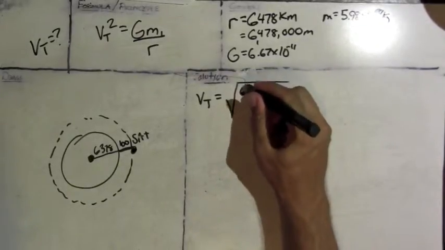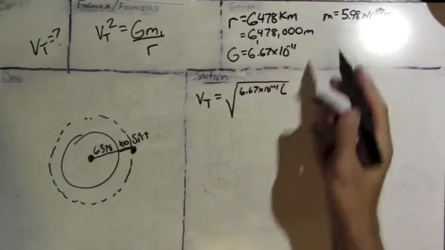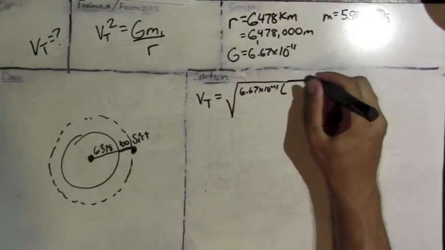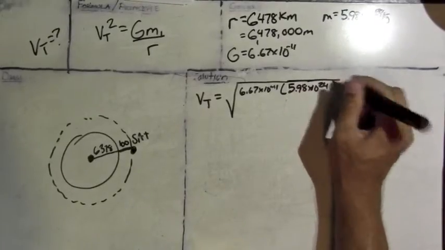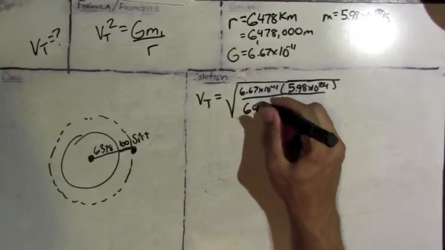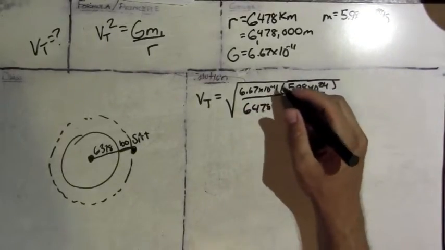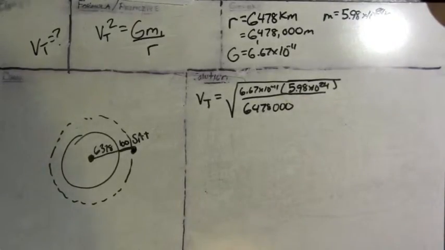We say 6.67 times 10 to the minus 11th times 5.98 times 10 to the 24th, and all of that is divided by our radius value, which is 6,478,000 meters.